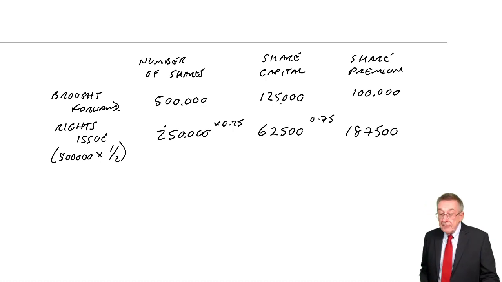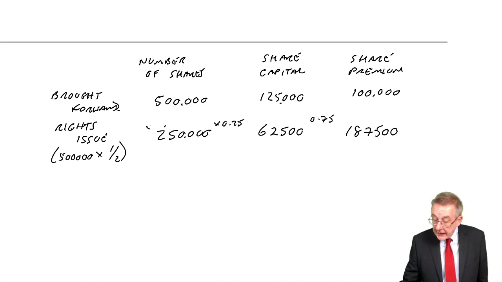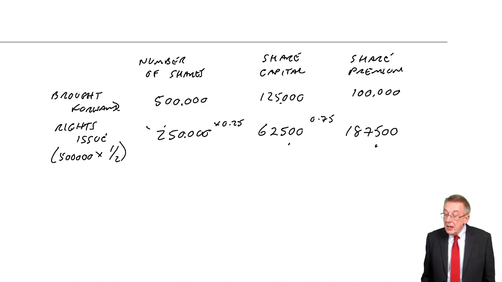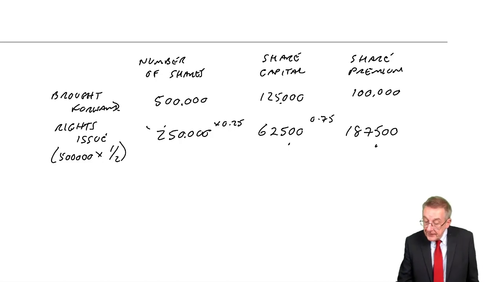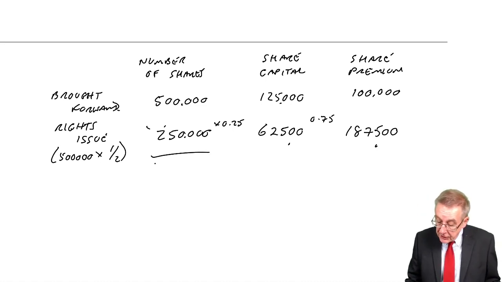And check you're happy with that. You see, we issued 250,000. They paid $1 each, so the cash we received was 250,000. We credit share capital with that much, share premium with that much. The total we're crediting is 250,000. So how many shares are now in issue? 750,000.